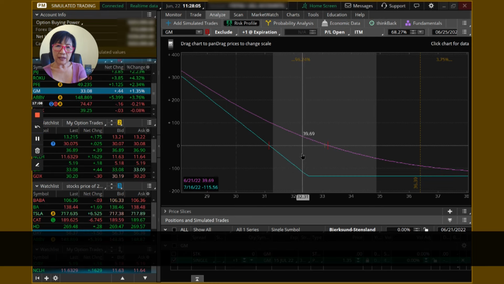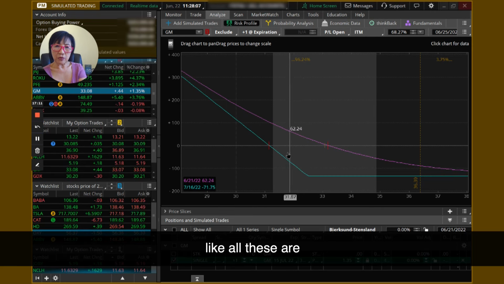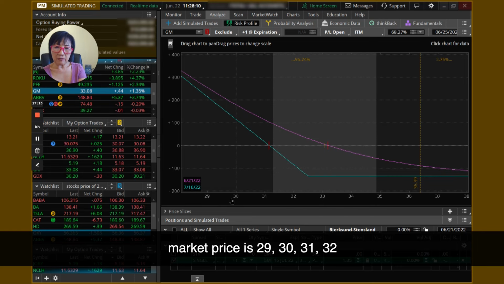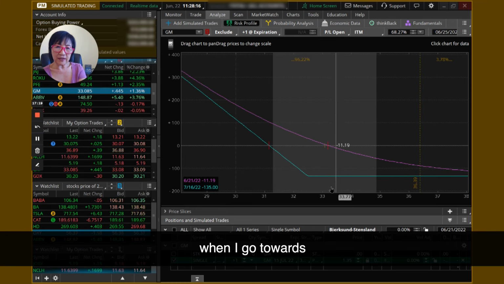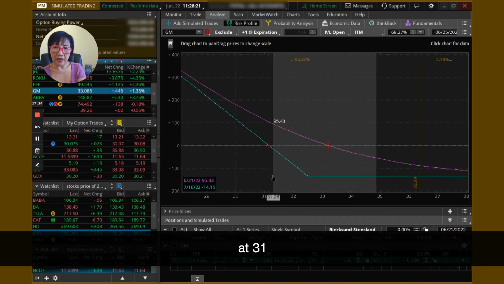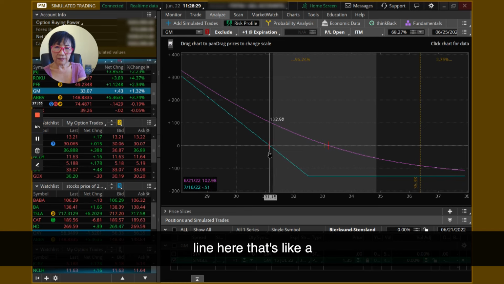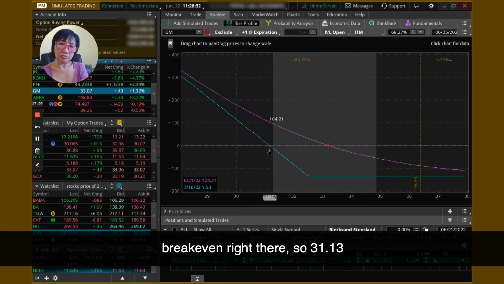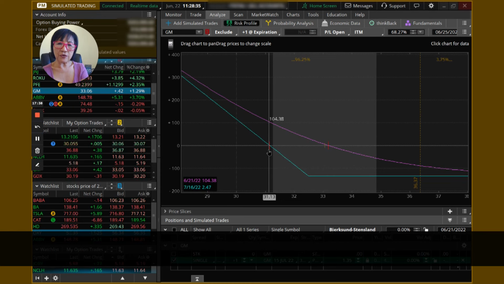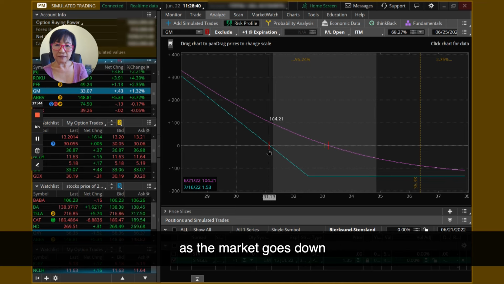All these are market prices: 29, 30, 31, 32. When I go towards the lower market, at 31, you notice there's a red line here. That's the break even. So at 31.13 or below, I'm going to be making money as the market goes down. That's how you analyze it.